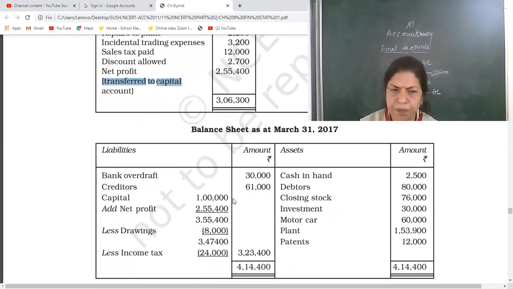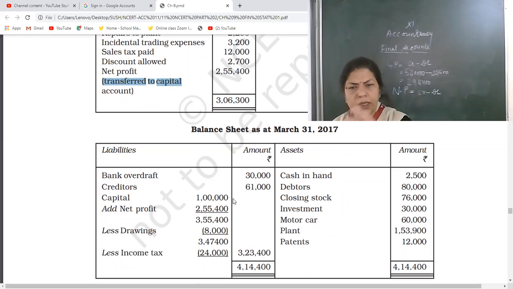Now see the balance sheet, a very easy way. First of all, we should complete the liabilities side. Balance sheet as on 31st March. No need to put debit and credit particulars or amount.